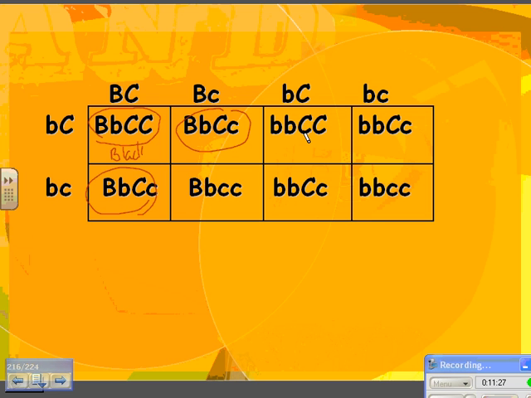That one's black. This one is blonde. That one's blonde. So 3 black, 2 blonde. They're blonde because they're little c's. That one's brown, and that one's brown. So 3 brown. So those are the ratios you'd expect in their kids.